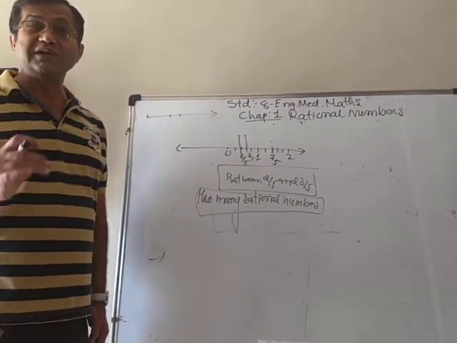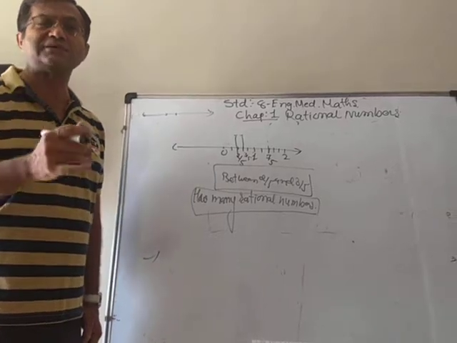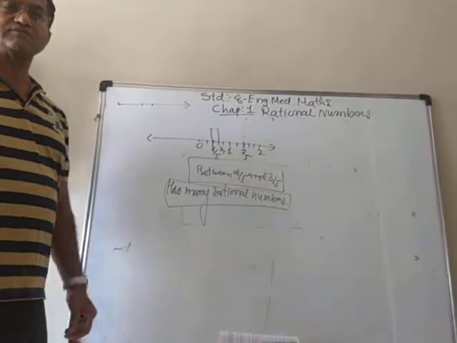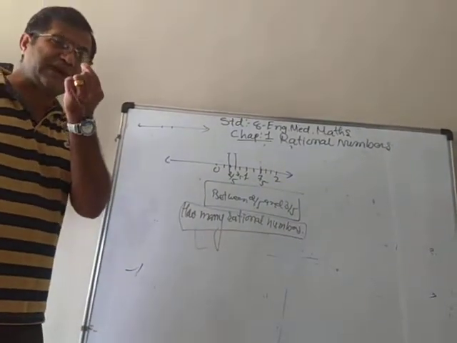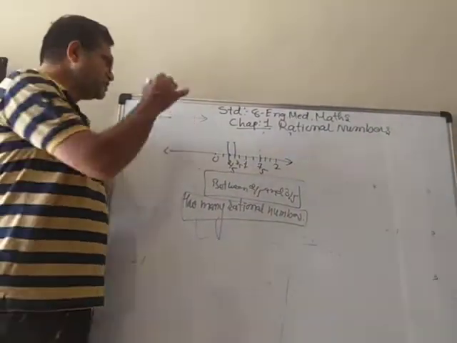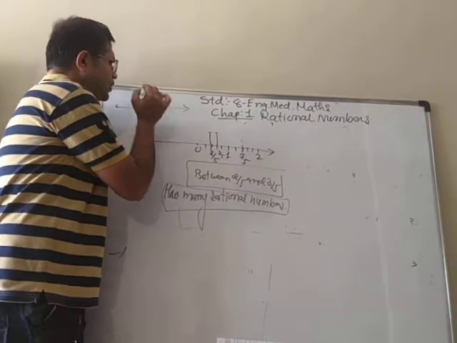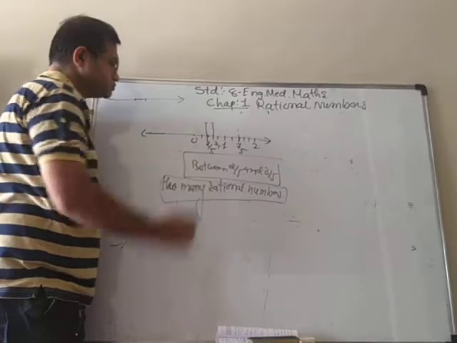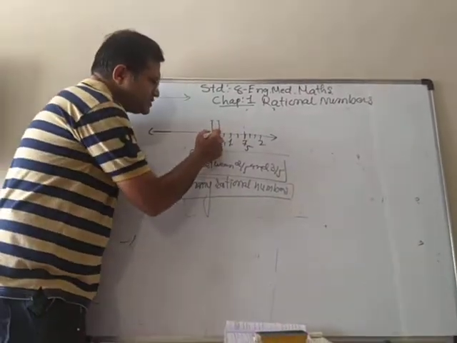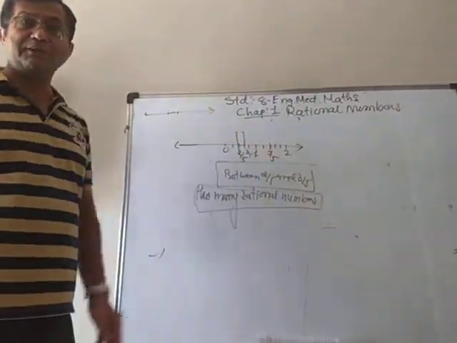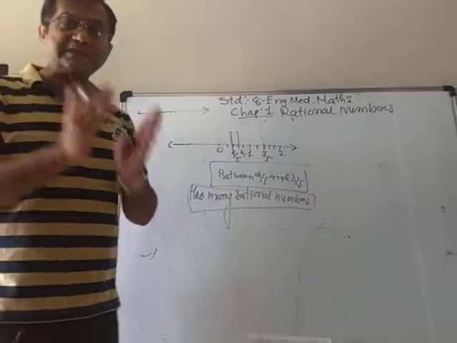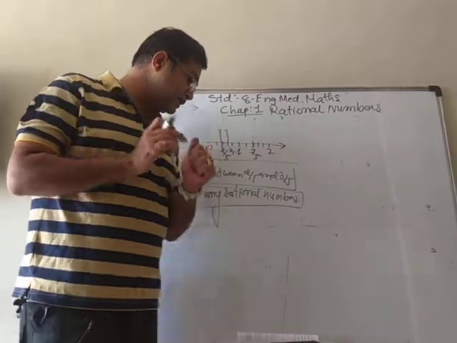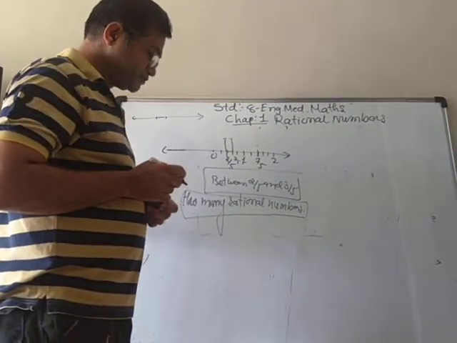There are infinitely many points, many dots, because a dot is a very tiny thing, and each dot on the line represents a number. So it looks like a very small part here, but between two rational numbers also there are infinitely many rational numbers.